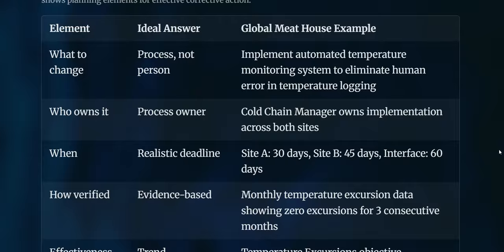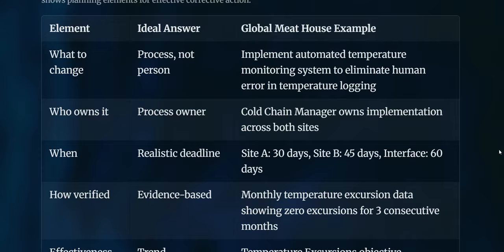Third element, when should corrective action occur? The ideal answer is a realistic deadline. In our example, Site A will set the deadline for 30 days, Site B for 45 days, and the interface for 60 days.